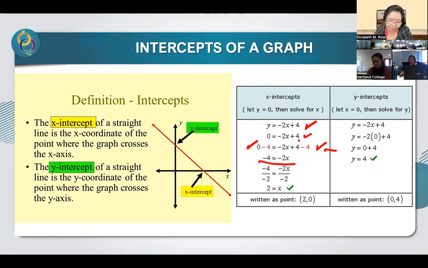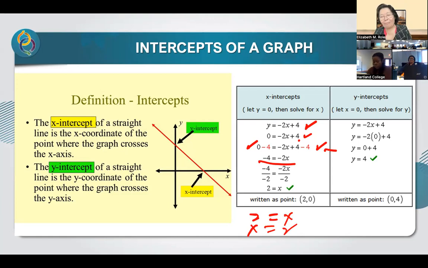And of course, divide by negative 2. That's another property, which is on division. So you divide negative 2 over negative 2 so that you'll get x. What you do on one side, do to the other side. Minus 4 divided by minus 2 is equal to 2. So therefore, x is equal to 2. So 2 is equal to x is the same as x is equal to 2.